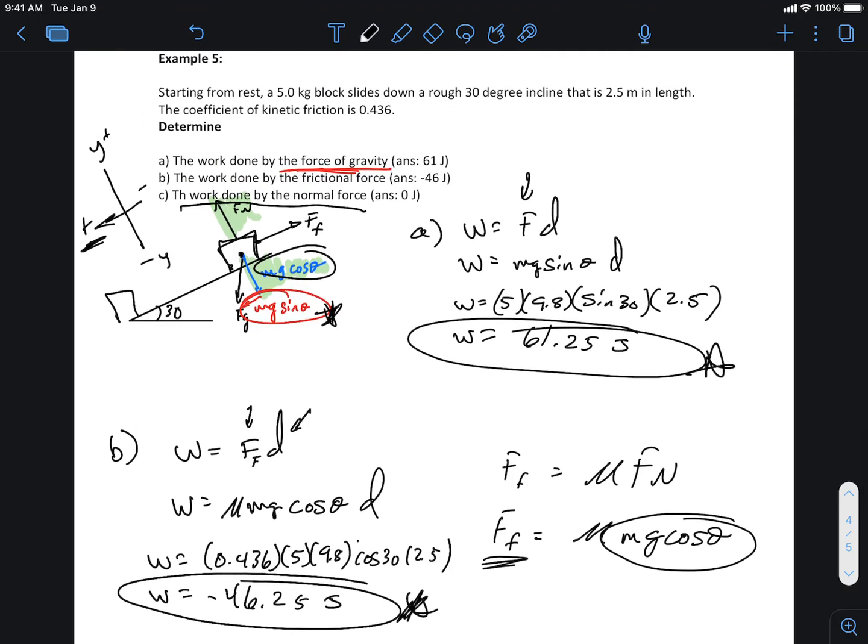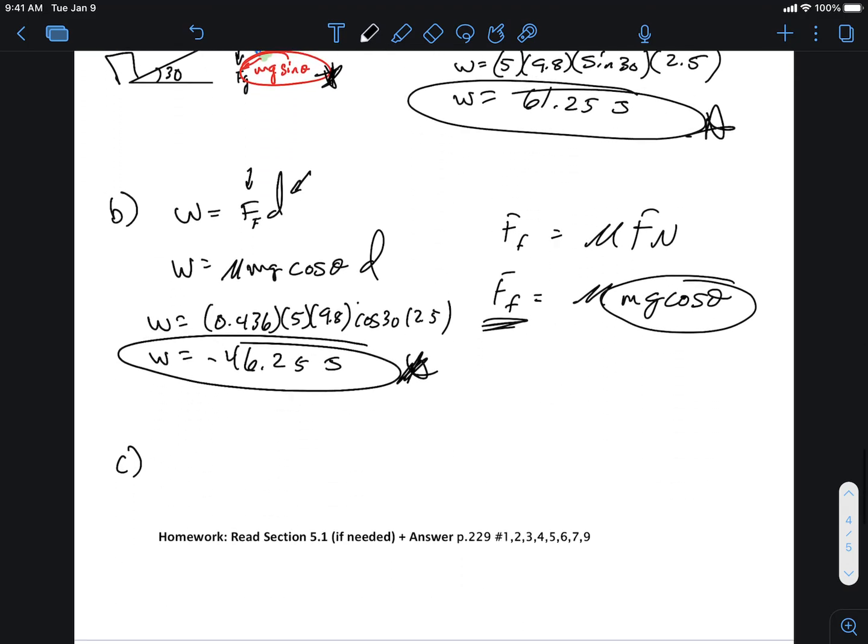work done by the normal force. Well, the normal force, Fn, makes an angle of 90 degrees with the incline, right? And so if I wanted to do this work, we know that the force here is applied at a perpendicular angle.